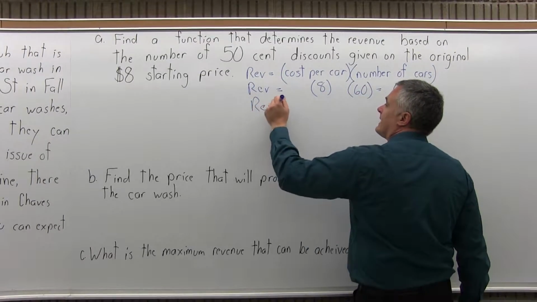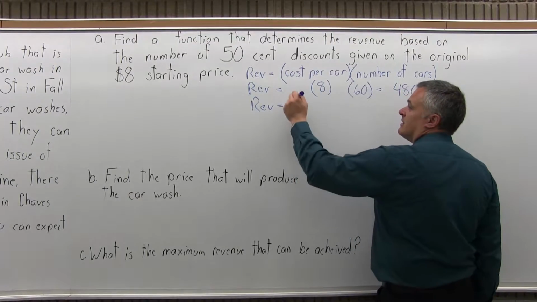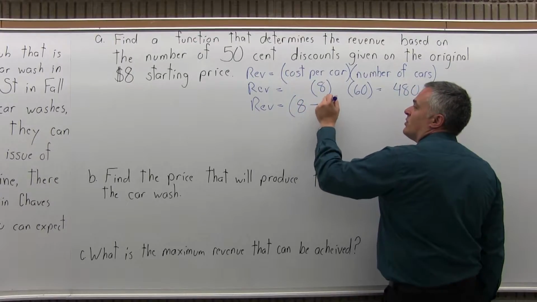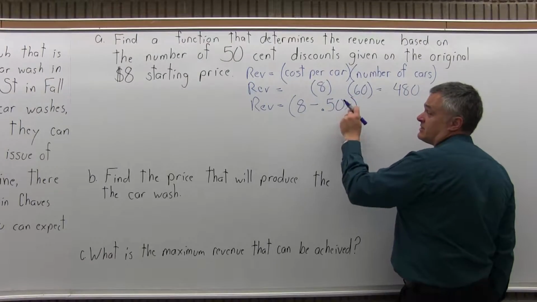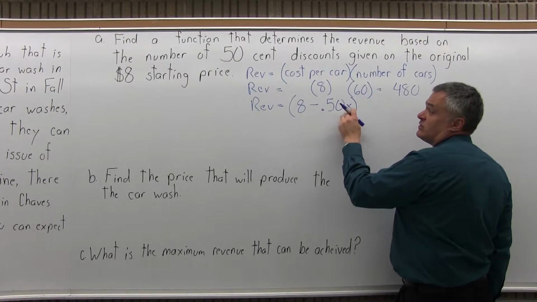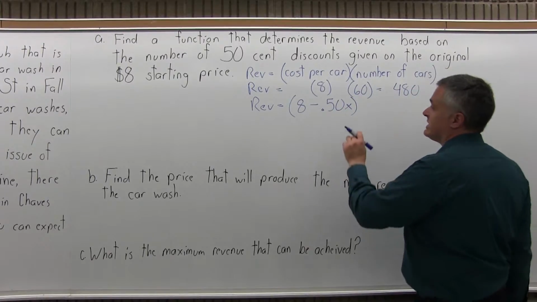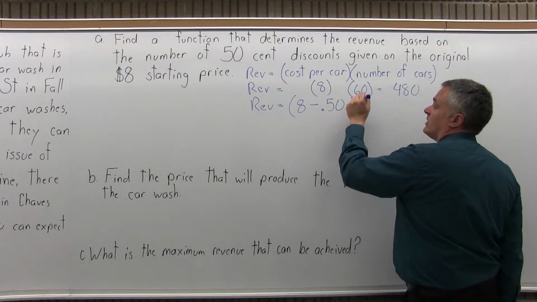So for every 50-cent discount on the price, let's start with $8 minus 0.50 times X, where X is the number of discounts. One discount, $7.50, 2 discounts, $7, 3 discounts, $6.50. What's going to be the best price? X is the number of discounts of 50 cents each, the 50 cents being half a dollar.